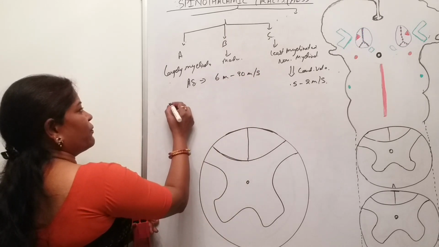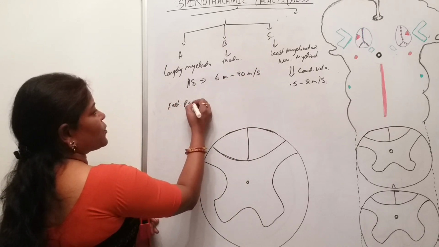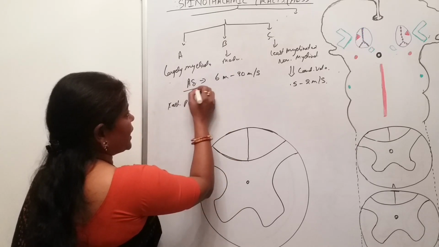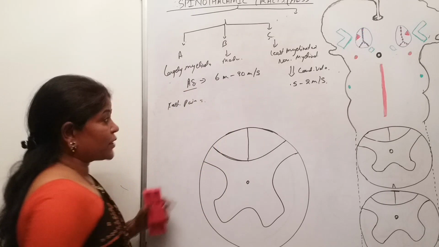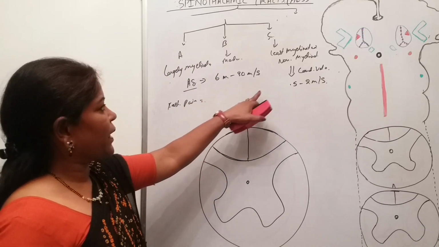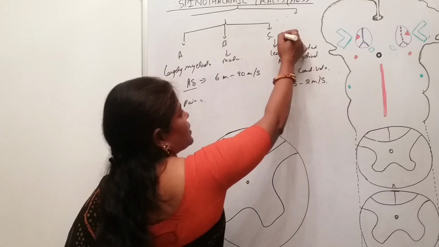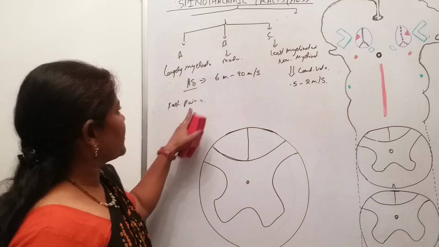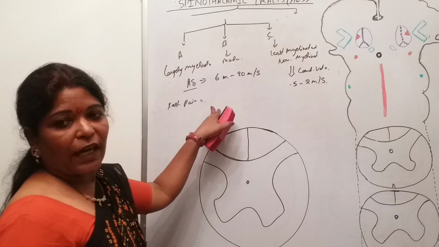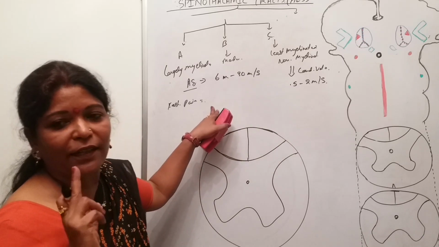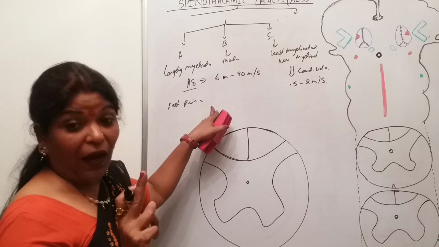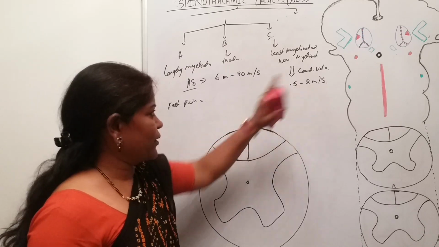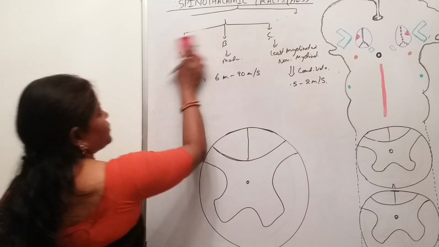That means the fast pain, which is carried by the A delta fiber, travels at 6 to 30 meters per second, whereas for the C fibers the speed is 0.5 to 2 meters per second. Look here, the basic difference is the speed. That's why the fast pain conducted by the A delta fiber is fast, and the slow pain is slow, because the conduction velocity is decreased here. So it is like that.